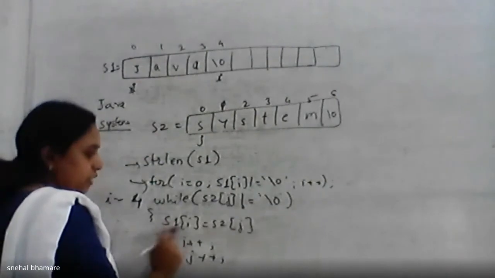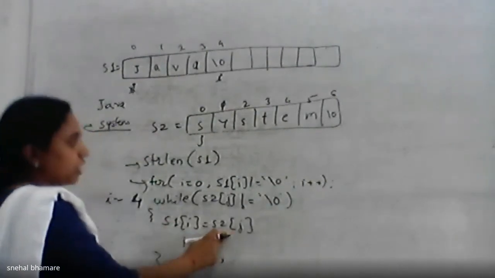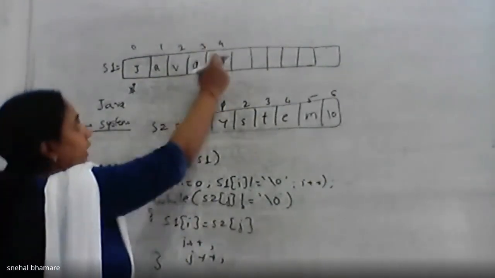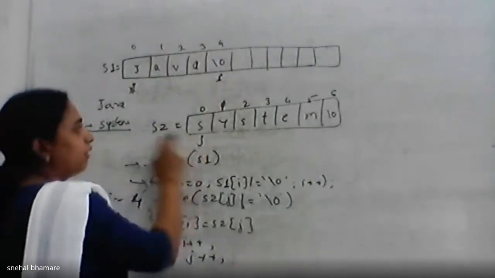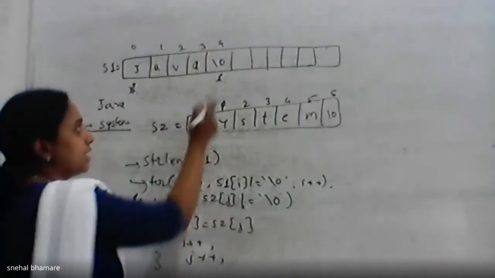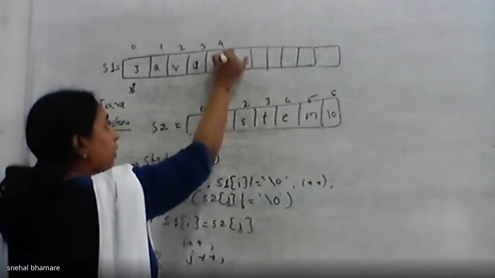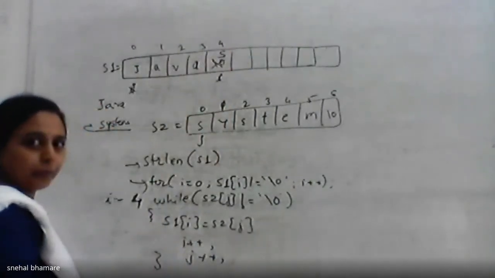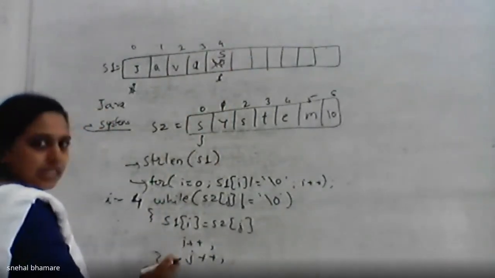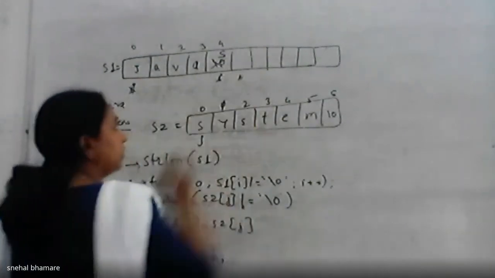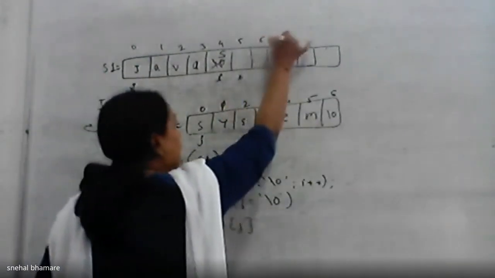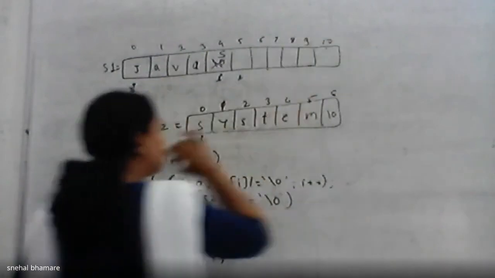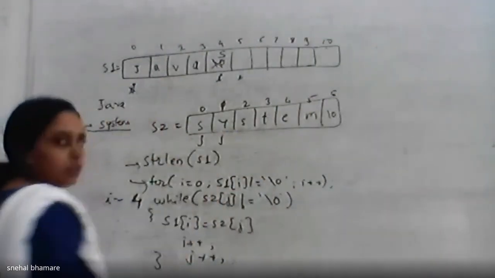No, so S1 of i is equal to S2 of j. i is pointing to the fourth location. S1 of i will have the value of S2 of j, that is S. So this \0 will get overwritten by the S value, then i plus plus, j plus plus. So i will come to this location, right? j will come to this location.